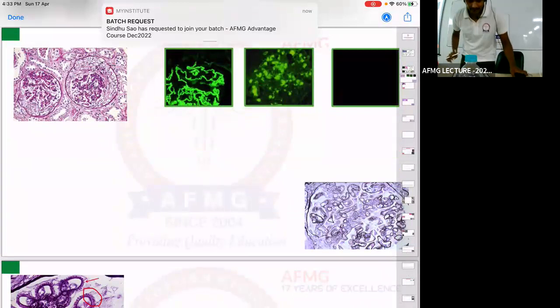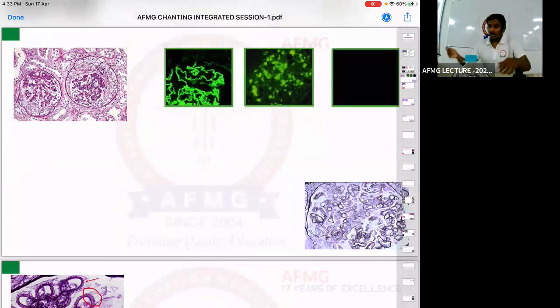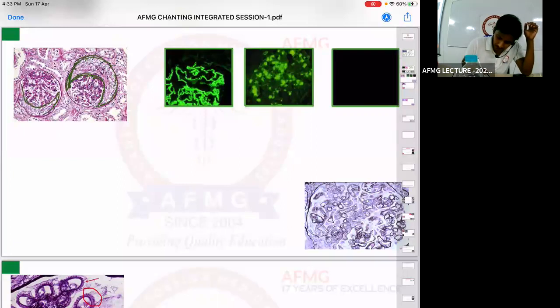Next, now I perform a kidney biopsy of a patient and I find this kind of appearance in the glomerulus. This part of the glomerulus is affected, and it is half moon shape or crescent shape. So crescents are found in the glomerulus.